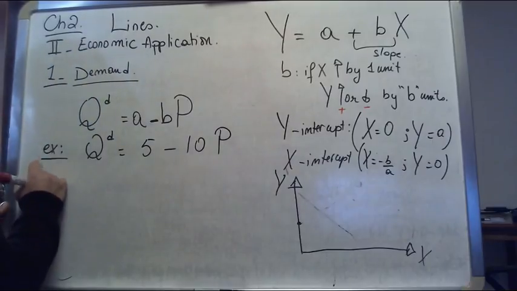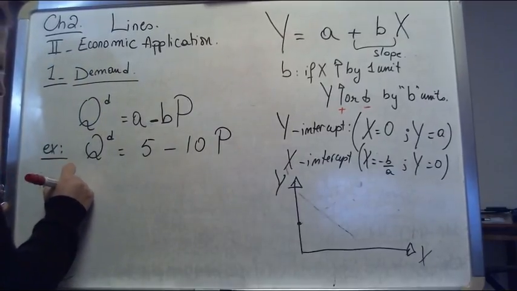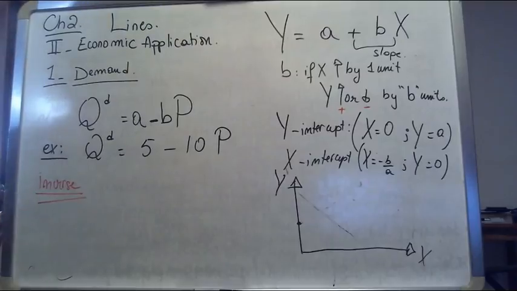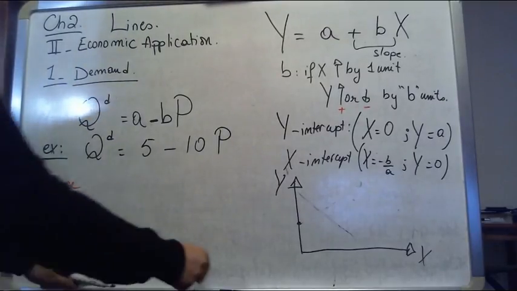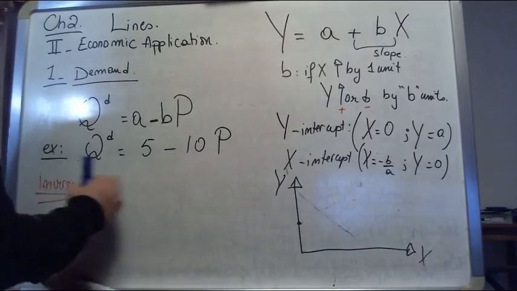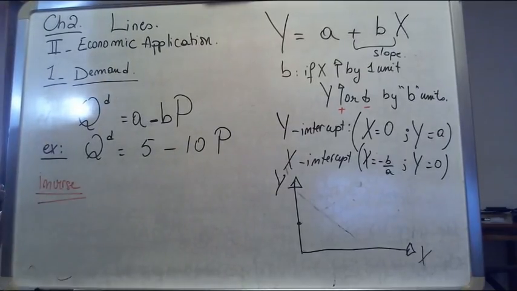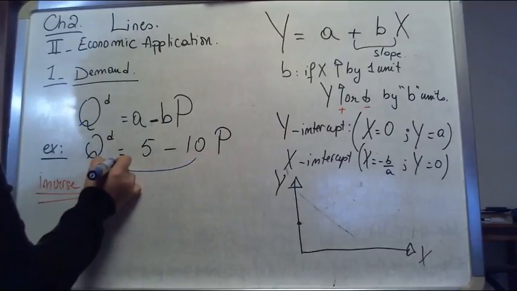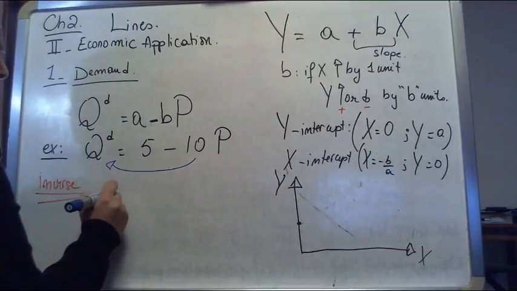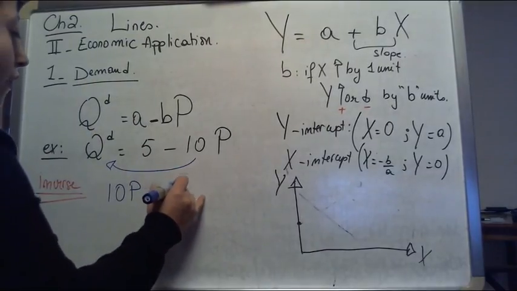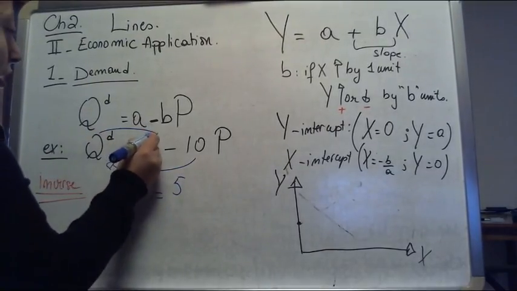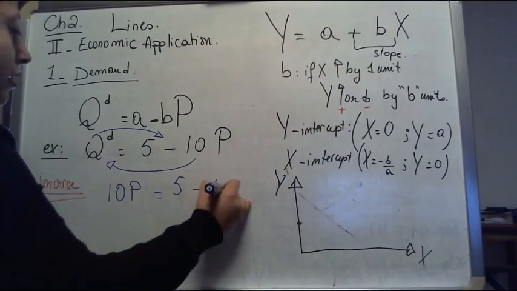We can find the inverse for this demand. The inverse of this demand is whenever the price is before the equal and the quantity demanded is after the equal. So we find the price as a function of QD. So we move the price before the equal, it's negative here, so now 10p equals 5 minus QD.